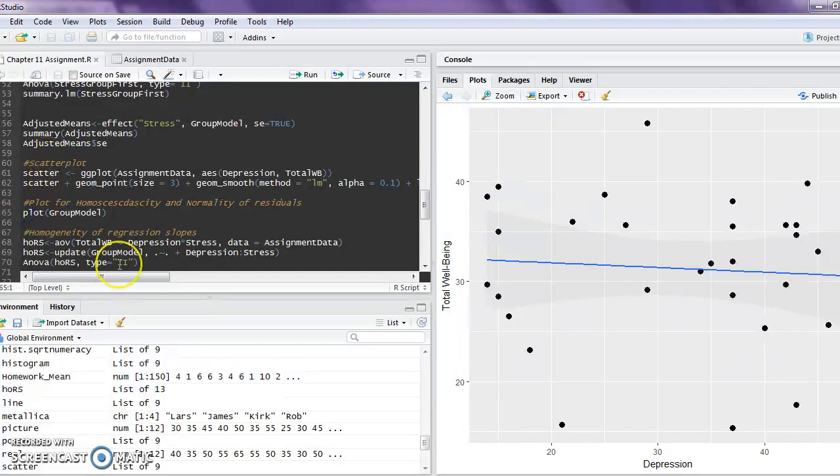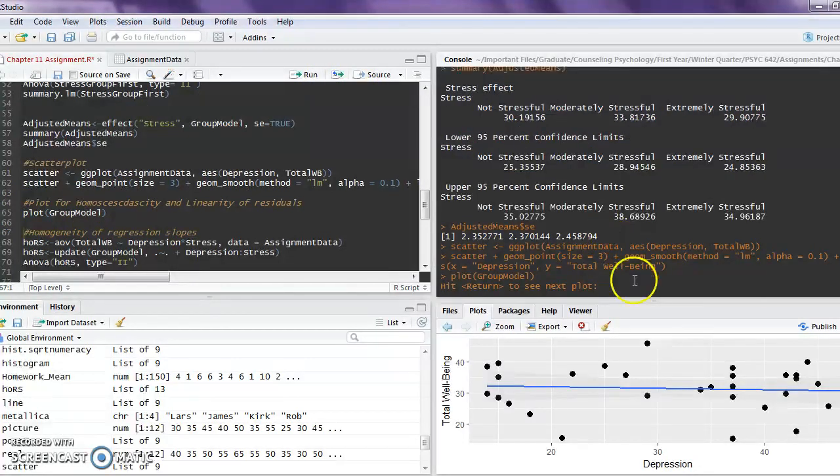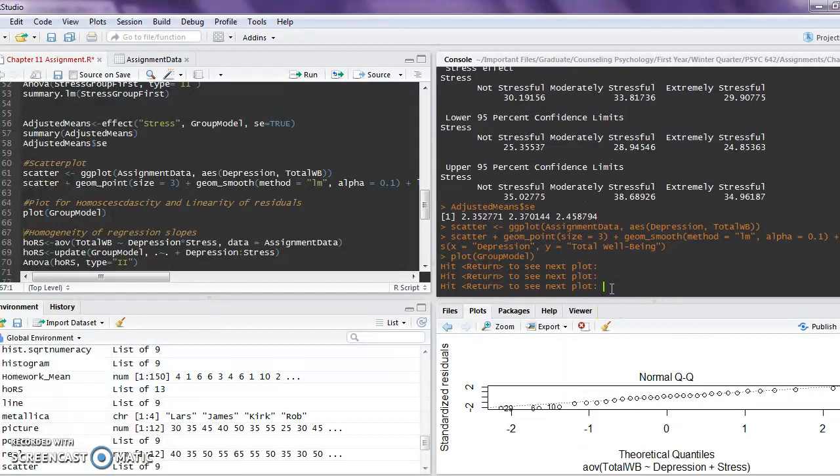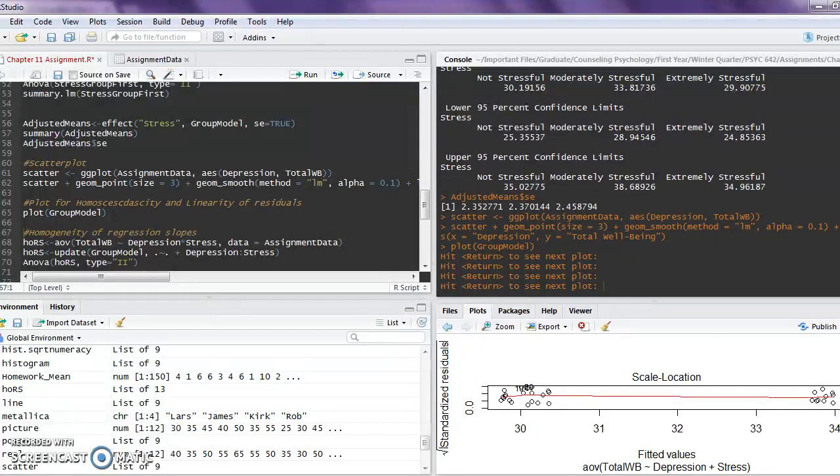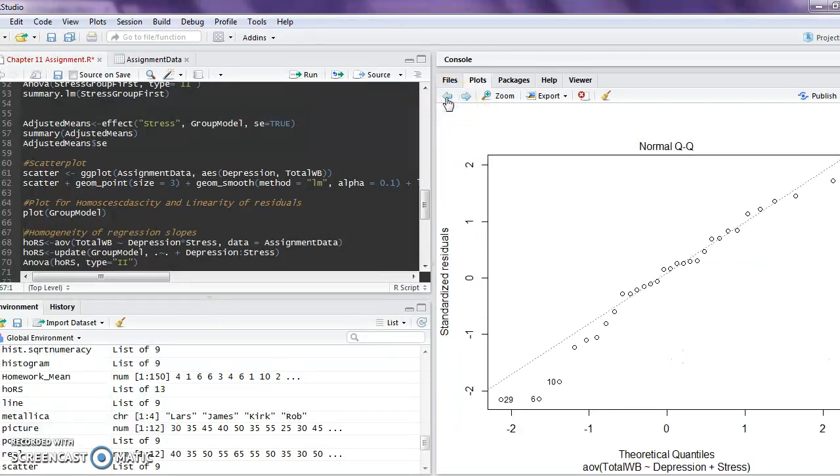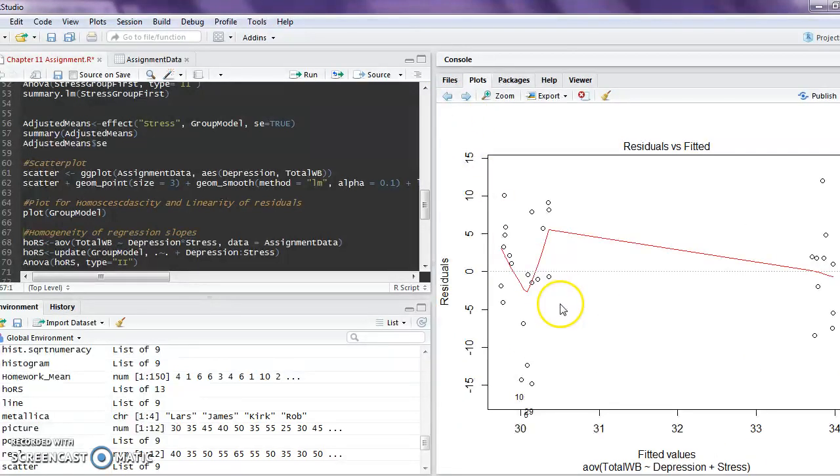Now moving along, we're going to test for homoscedasticity and linearity. I don't know why I put normality. It's linearity. So we're going to plot that. These essentially show us our heteroscedasticity, our possible homoscedasticity.